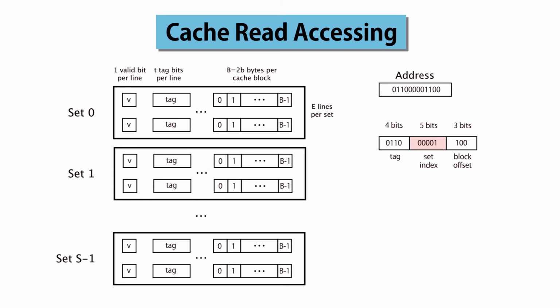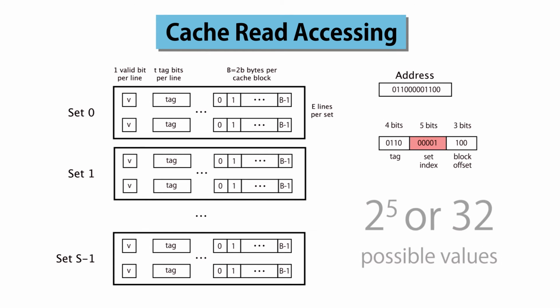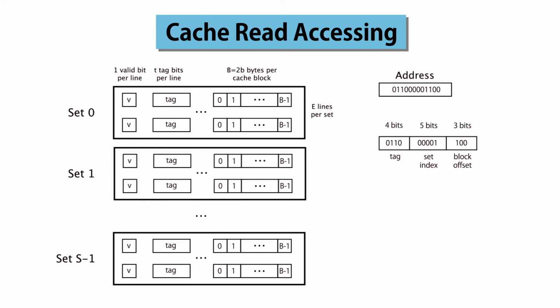Our cache has parameters determined by these field sizes. For example, since our set index is 5 bits long, there are 2 to the 5th, or 32 possible values for this field. Therefore, we expect our cache to contain 32 sets. By the way, there are caches called fully associative caches that have only one set. For fully associative caches, there's no need to have any set index bits.